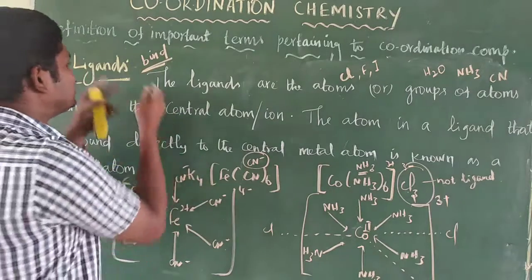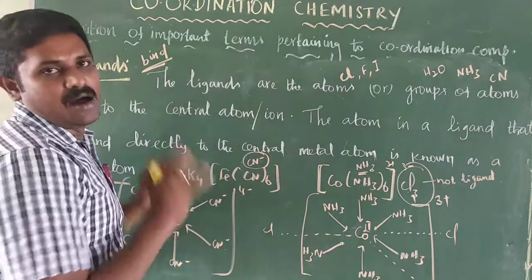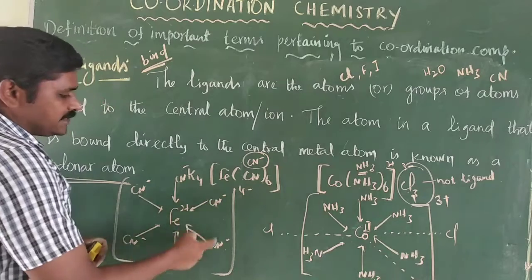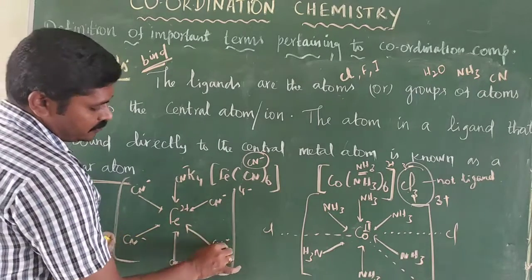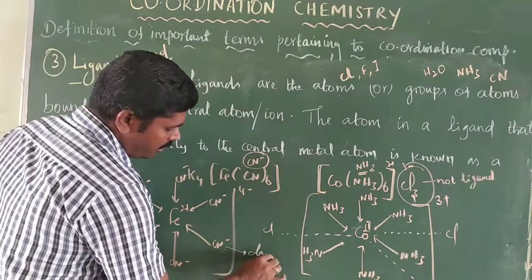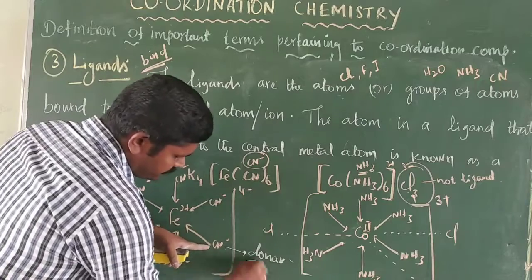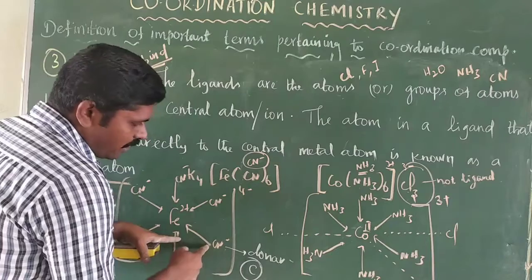So the ligand is a donor, and the central metal ion is an acceptor. Okay, acceptor atom. Ligand is a donor atom. So in this complex, the donor atom is carbon.